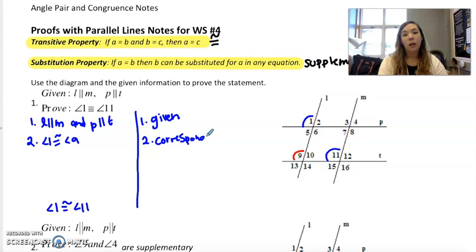You can use any of your congruent angle pairs. Corresponding, alternate interior, or alternate exterior were the ones that we studied. And then I'm going to do the same thing for step 3. I'm going to say angle 9 is congruent to angle 11 for the same reason, corresponding angles.